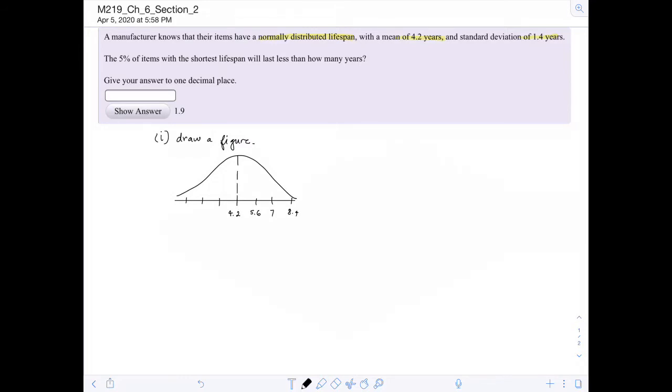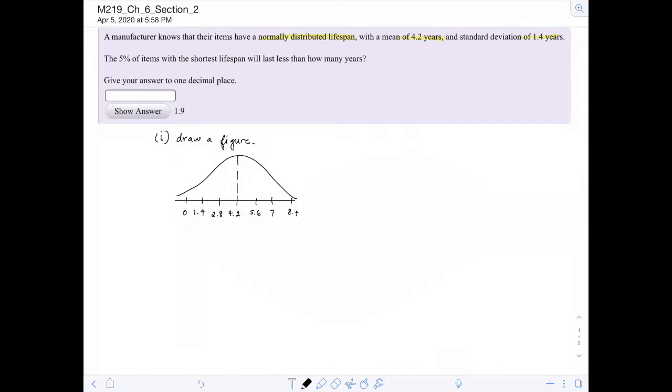And then to the left, 2.8, and then 1.4, and then 0.